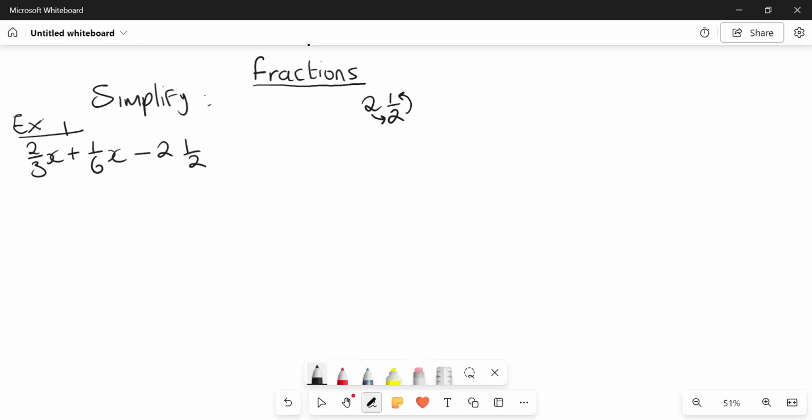So basically we say 2 times 2 plus 1, all over, and then you keep your denominator, which is 2. And then we end up getting what? 2 times 2, that's 4, plus 1, that's 5. So we end up getting 5 over 2, right? Perfect.